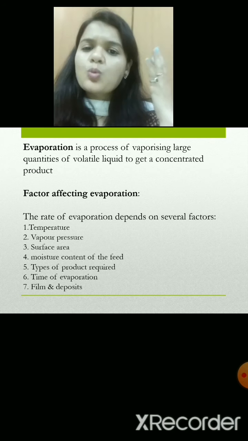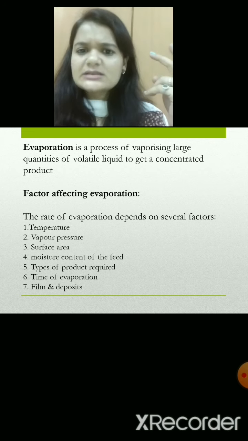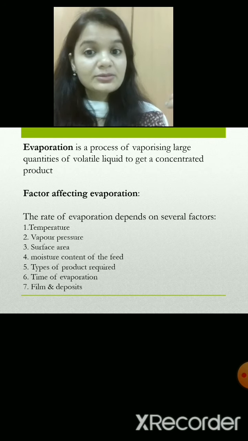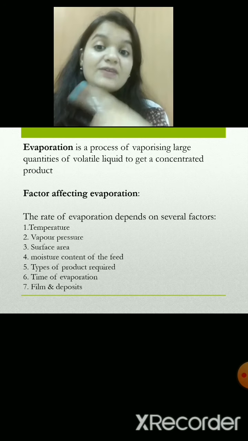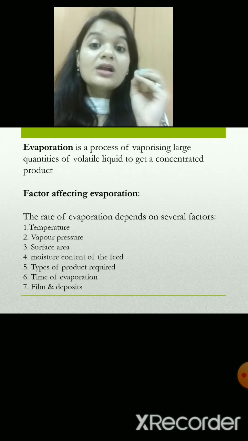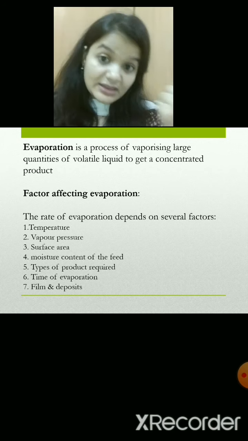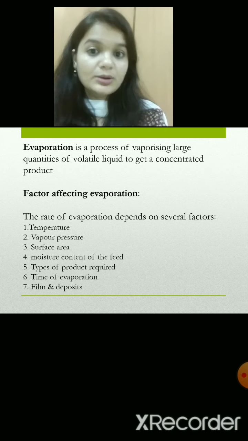Okay, so why is evaporation different from drying, distillation and crystallization? Firstly, in evaporation, the residue which is obtained is always liquid, while in the case of drying, it is always a solid one.